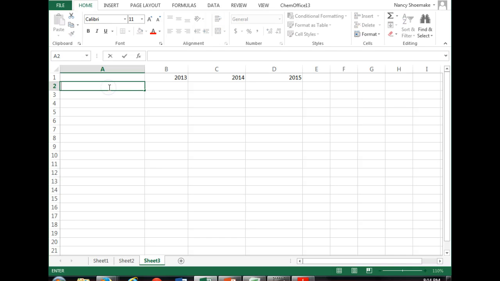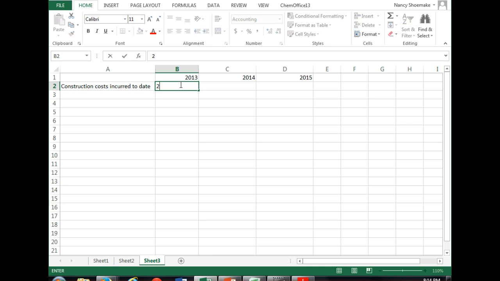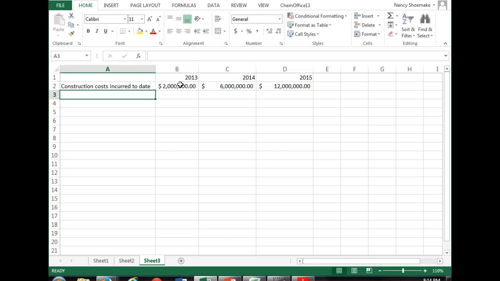Okay, so in 2013, construction costs incurred to date were how much? 2 million. Estimated cost to complete? Yep, 6 million.